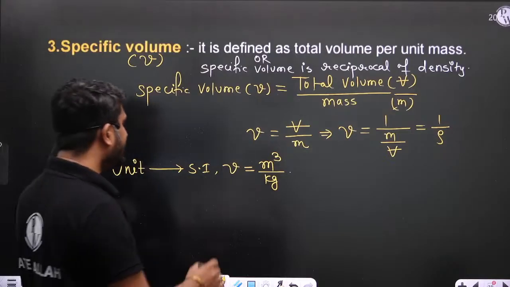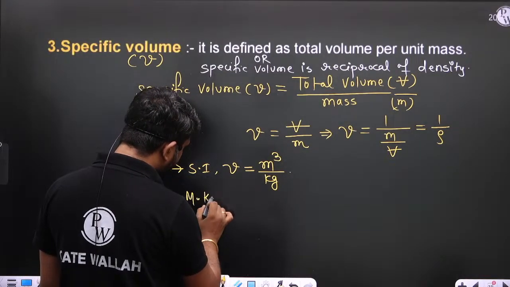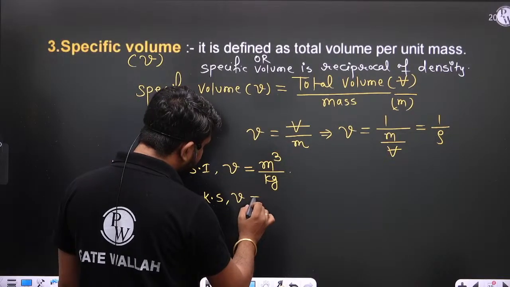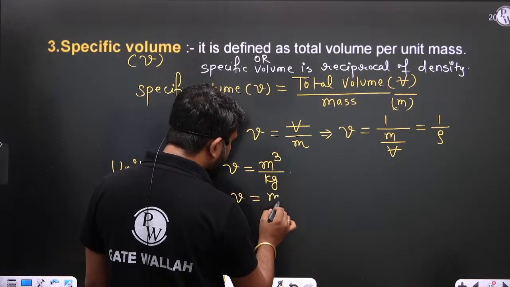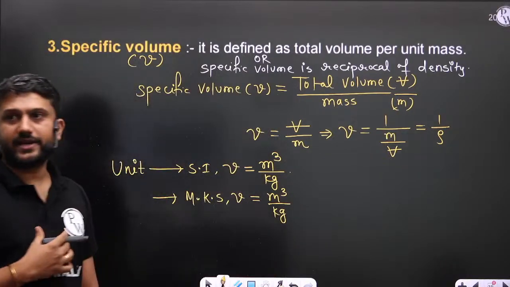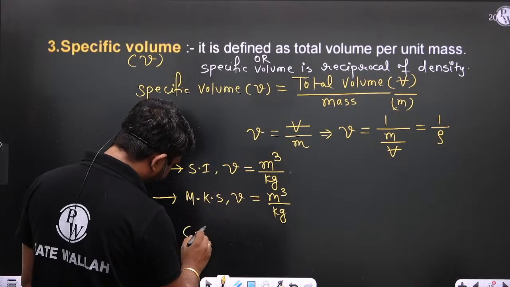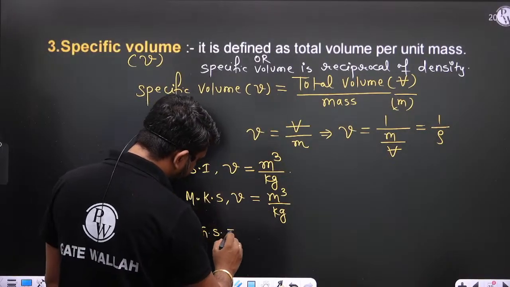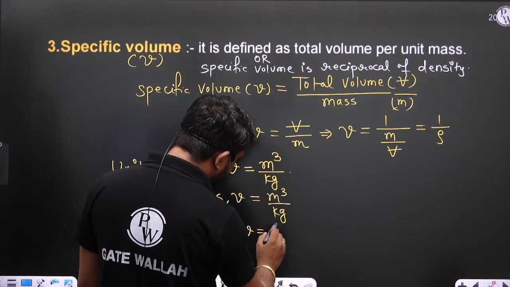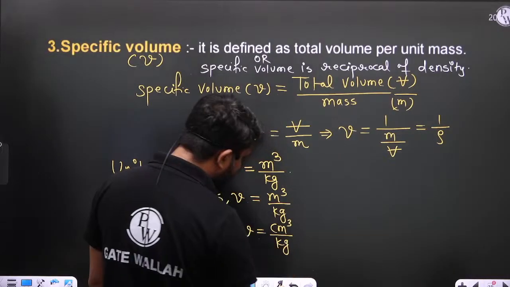Meter cube per kg. What is the MKS unit for specific volume? This is also meter cube per kg. What is the CGS unit? So CGS unit is centimeter cube per gram, right?